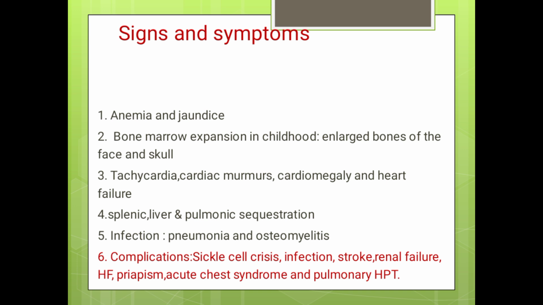Splenic, liver, and pulmonic sequestration. With those, you have the sickle blood cells accumulating in these organs. So you have splenic sequestration, liver sequestration, and then pulmonic sequestration. And this can lead to severe complications. And even in the case of pulmonic sequestration, it leads to death.